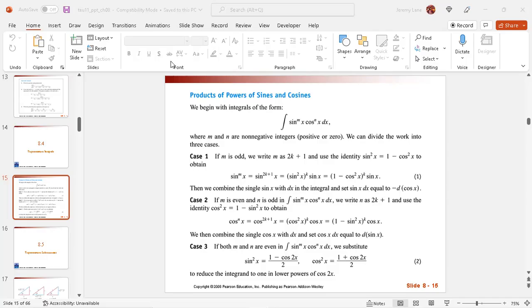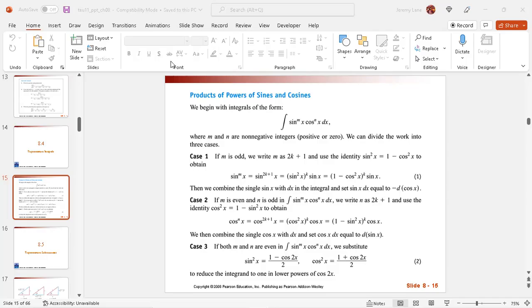Again, we can always rewrite cosine squared of x as 1 minus sine squared of x. Then we'll combine this single cosine with dx and set up cosine x dx as equal to the derivative of sine of x, and again do a u substitution in order to make the integration easier.